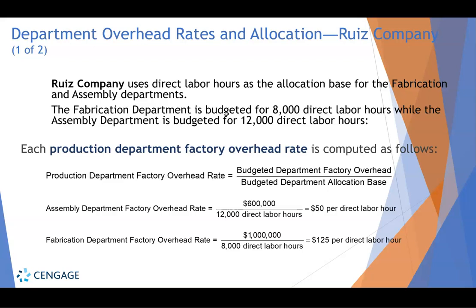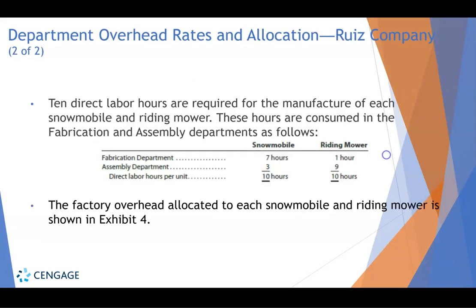The fabrication department gets budgeted for 8,000 direct labor hours, while the assembly department has a budget of 12,000 direct labor hours. So you see here, the assembly department of $600,000, divided by the 12,000 direct labor hours, will show $50 per direct labor hour. And the fabrication department, because it has $1 million in allocated cost and 8,000 direct labor hours, that overhead rate is going to be $125 per direct labor hour.